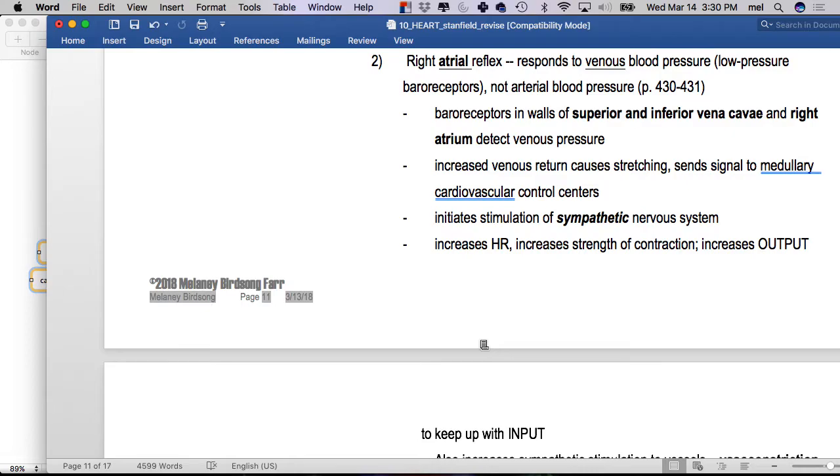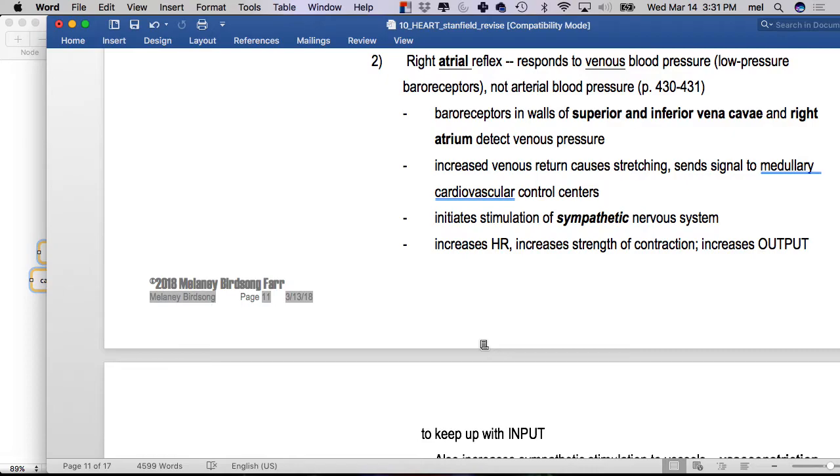Does everybody think sympathetic? It is sympathetic, because if you activated the parasympathetic nervous system, you would lead to congestive heart failure, wouldn't you? Because you'd basically say, slow down the output even though we've got major input, right? So what we need to do is, I've got a traffic jam, get to work, right?